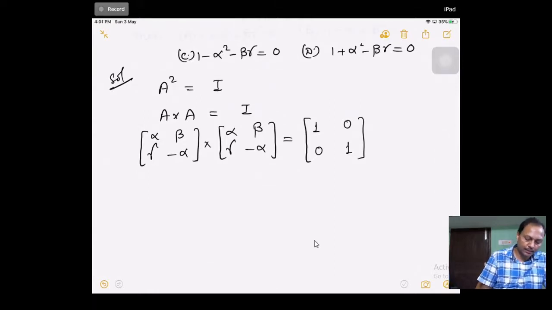Now multiply these matrices. First row multiplying with first column, so it is alpha into alpha, then plus beta into gamma. Now the element of first row and second column means we have to multiply first row by second column. So alpha into beta plus beta into minus alpha.